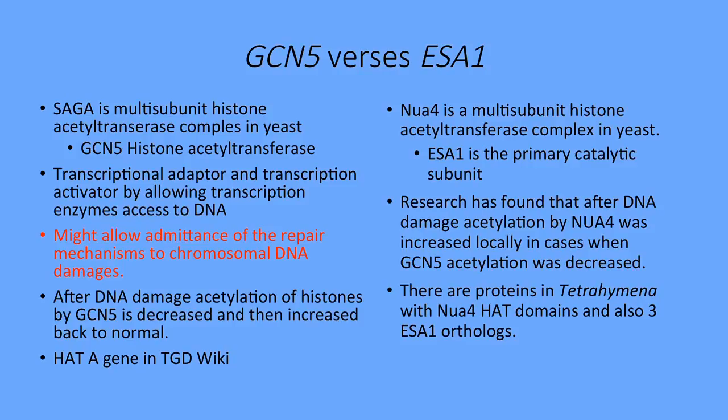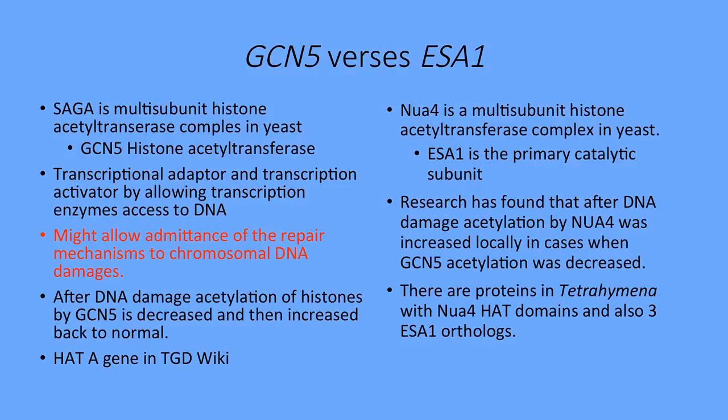So we're going to be looking for a gene that does this pattern of decreased and increased acetylation. Now ESA1, which is in NuA4, is increased locally in cases where GCN5 acetylation is decreased. So they're usually opposite. And there are proteins in Tetrahymena, like you just heard about, that are involved in these.